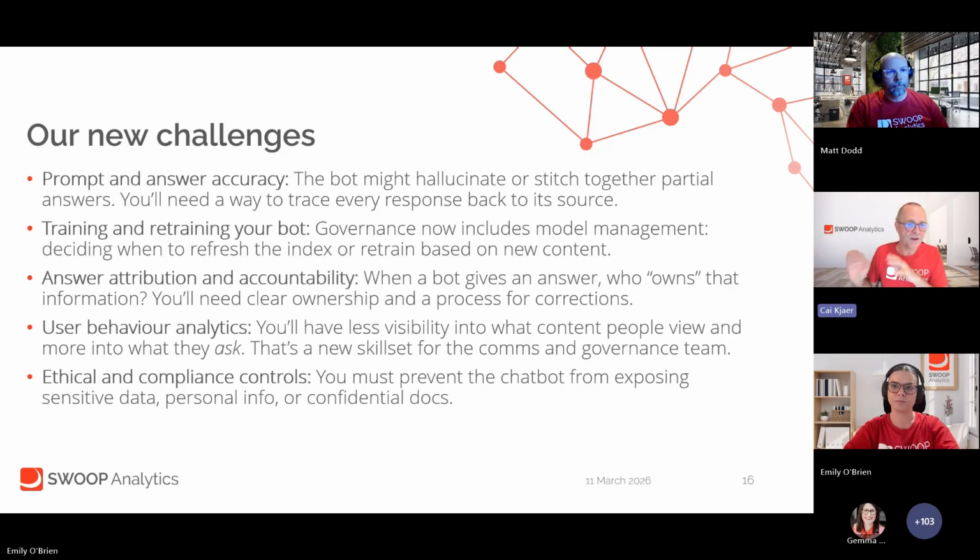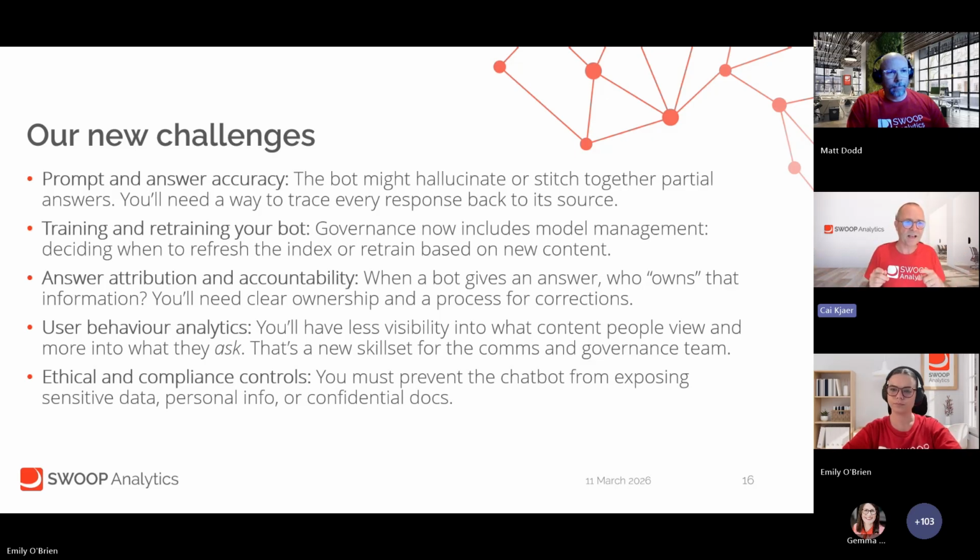So this ability to trace the response back to its source and ask, was that the right source it even referenced? And the person who's got the sources will say, I don't know, the source is correct. I didn't give the answer. My document is right. It's not my accountability that the bot answered something different. So you've got to be sure that you can trace these things.